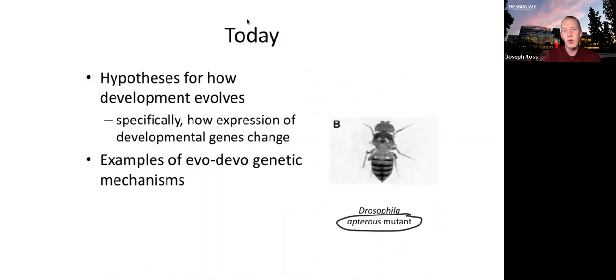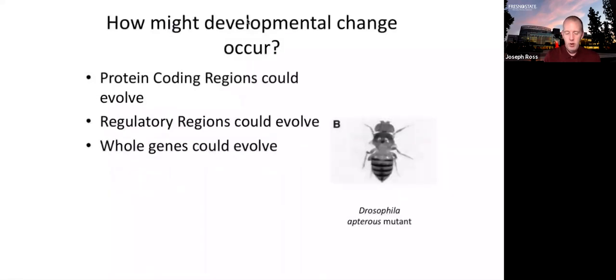And so one of the questions is, how would you cause developmental change? How could you cause, for example, a fruit fly to lose its wings? Based on the central dogma, there are a few different major options. There may be more insignificant categories, but these are the major three. The part of the gene that encodes the apterous protein could change.